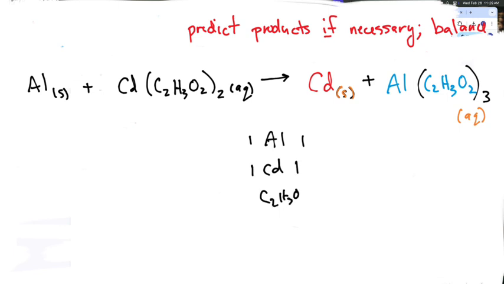How many acetates? 2 and 2. So is it balanced? 2 and 3, which means our acetates are not balanced, so we should probably go through and balance it.